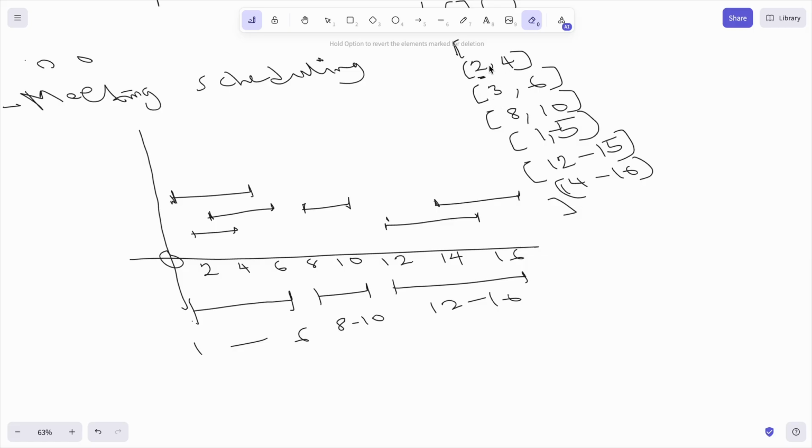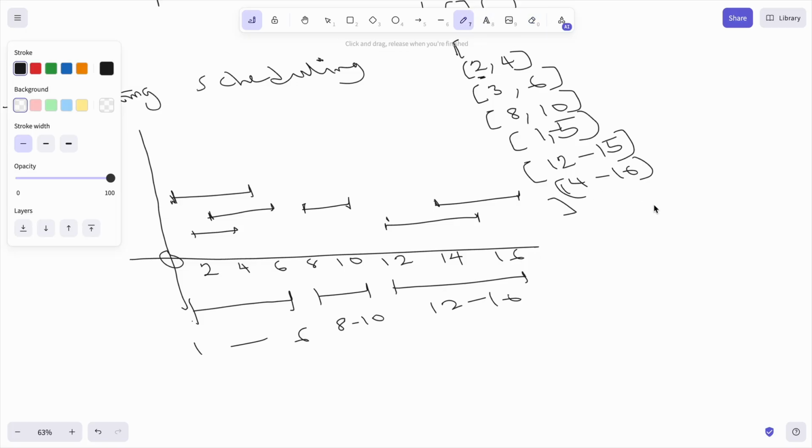So by the time we go through this, we realize that 2, 4 overlaps with 3, 6. So maybe we merge them together. So we now have a 2, 6. Then we continue to see if we can merge that 2, 6 with 8, 10. We cannot merge. Then we go forward again, see if we can merge that with 1, 5. It merges.